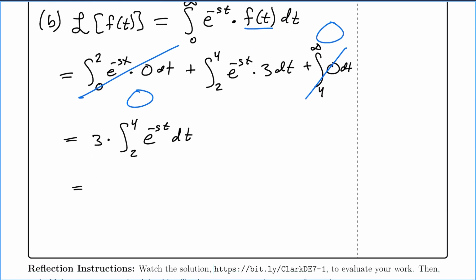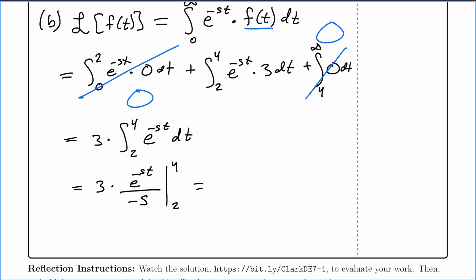We compute that integral by finding the antiderivative of e to the minus st with respect to t, which is e to the minus st divided by minus s, and evaluated from 2 to 4.